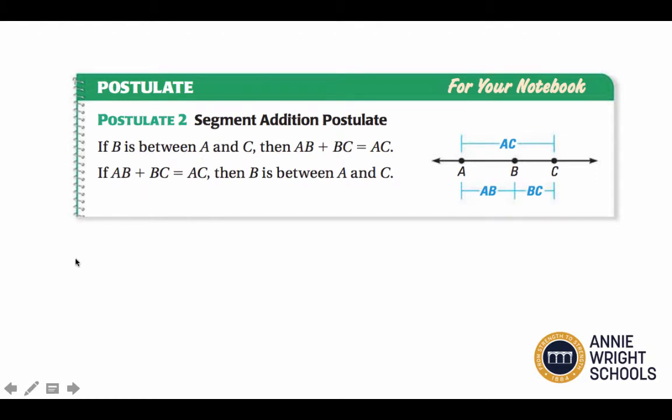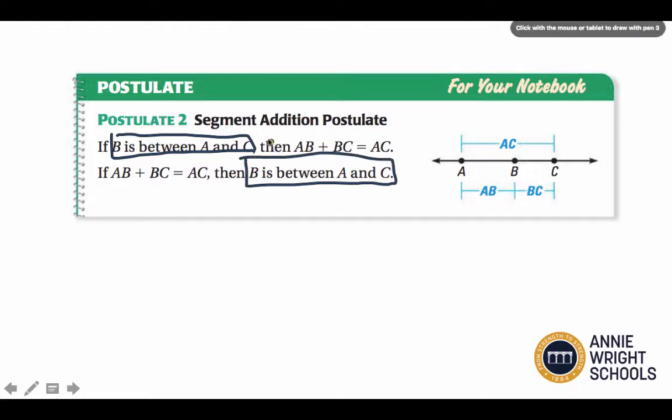If we look closely here, this part that follows the if is the same part that follows the then, and this part that follows the then is the same part that follows the if here.